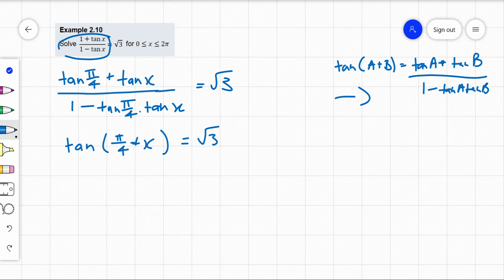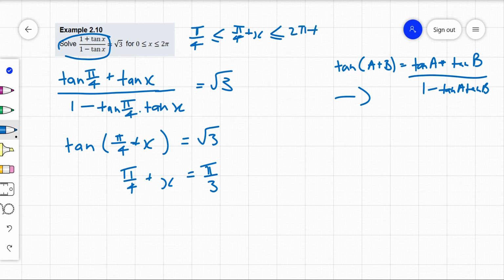Alright, so if we want our pi on 4 plus x, we need to inverse tan, and the inverse tan of root 3, we know, is 60 degrees, or pi on 3. And if we're doing it between 0 and 2 pi, in this case, if I add pi on 4 to here, I've got pi on 4 plus x, and I've got 2 pi plus pi on 4.